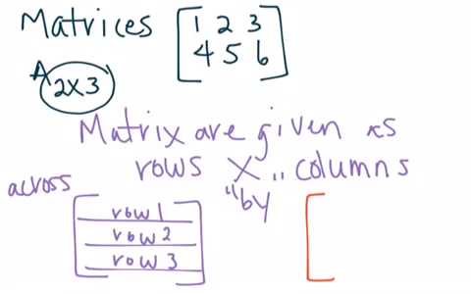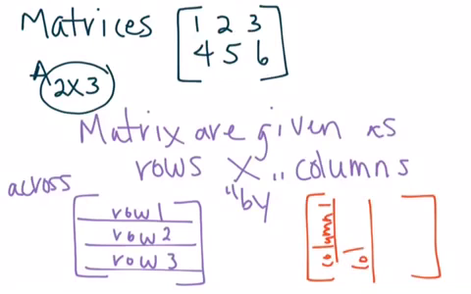This would be column 1. This would be column 2. This would be column 3, and so forth. There is no limit to the size that a matrix can be for us to work with.